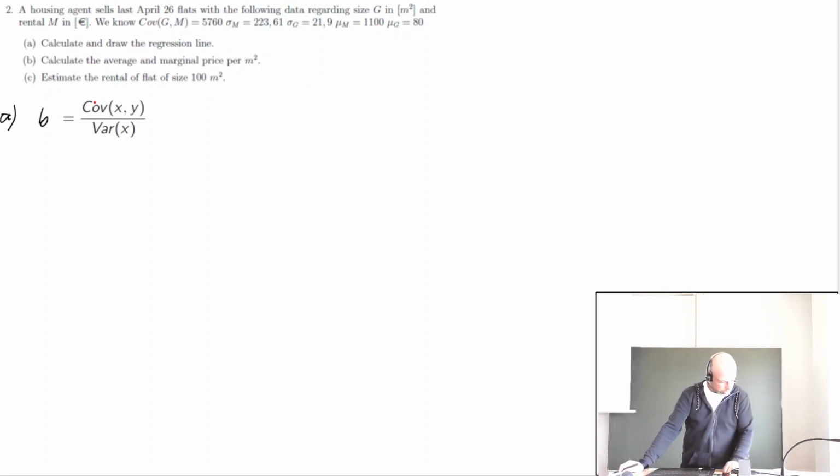So what do I have to calculate? Covariance is given by 5,760 divided by which number? Maybe you can help me. What is the variance given the data above?